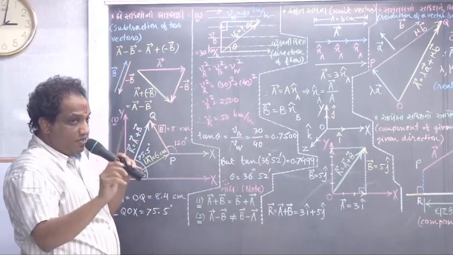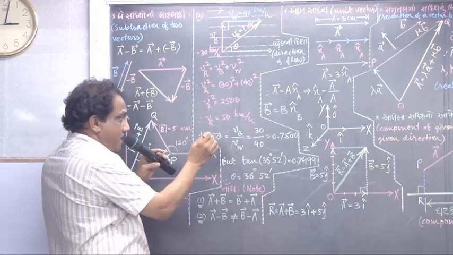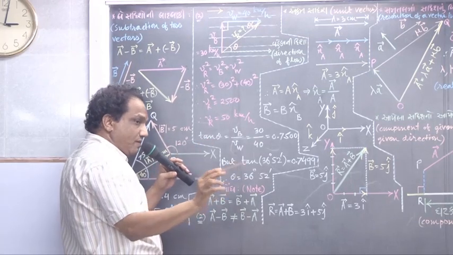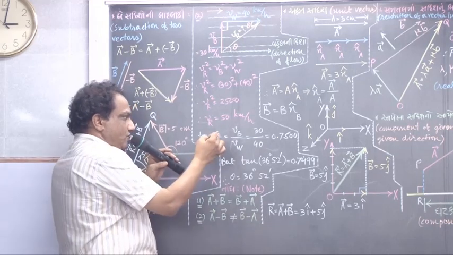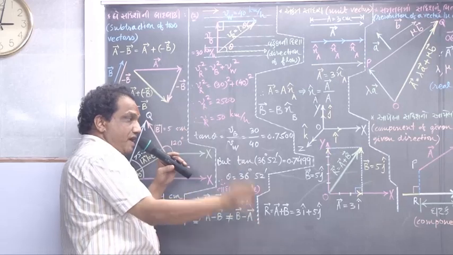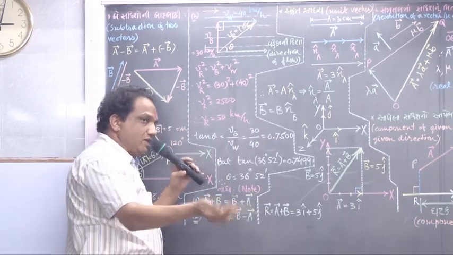Now in the log table you are given a table of natural tangents. So we should refer to the table of natural tangents. In that table you should find the angle for which the tangent value is exactly this much, or if not possible then nearest to that.